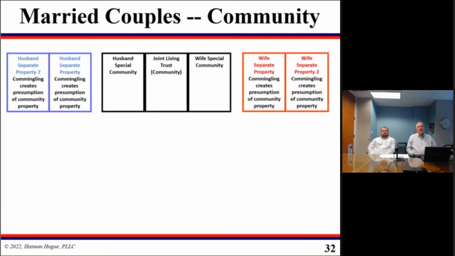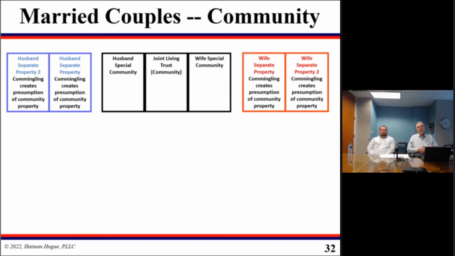Now, that's great for where it winds up, but what about while they're alive? We still have issues while they're alive. So one of the problems with, let's say the husband has inherited a stock account. This simple example, it's a dividend reinvestment plan. So as dividends come into the stock, it's used to purchase more stock.